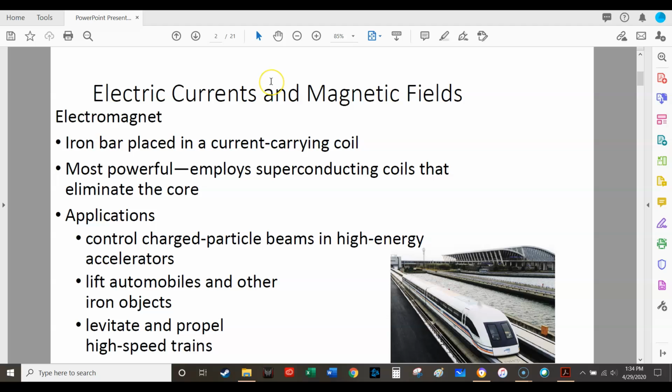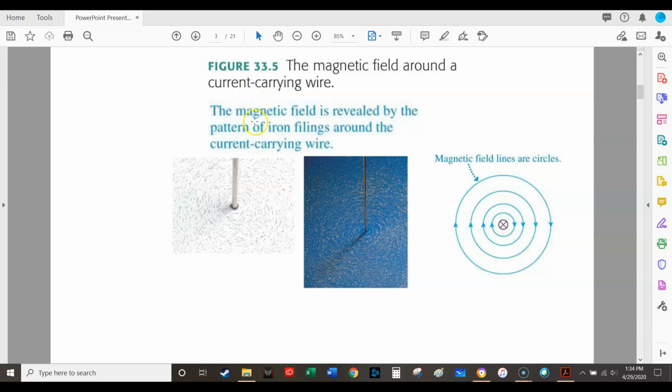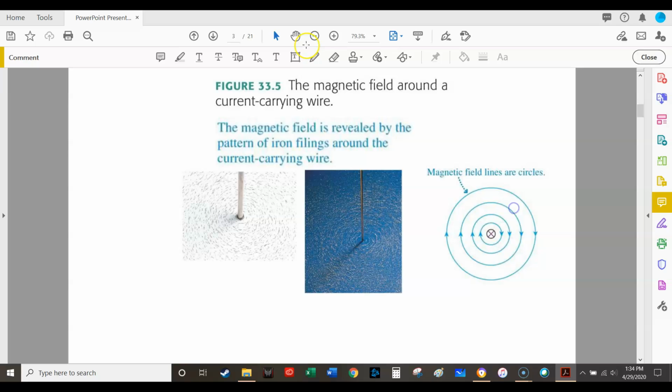Well, let's talk about how current does create a magnetic field. So here is a current carrying wire pointed out of the page. So just imagine this is a wire pointed straight up, and its current is pointed up.